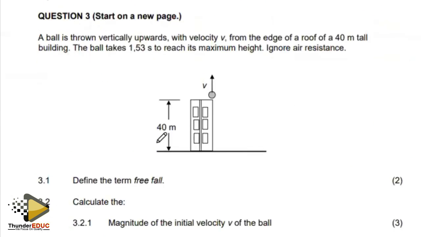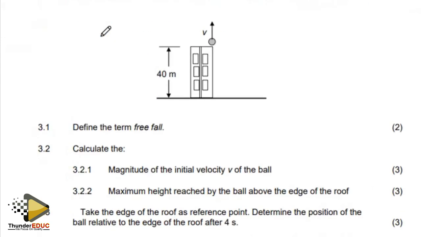Then question number 3, we're being told that a ball is thrown vertically upwards with a velocity of V from the edge of a roof that is 40 meters tall. The ball takes 1.53 seconds to reach the maximum height.